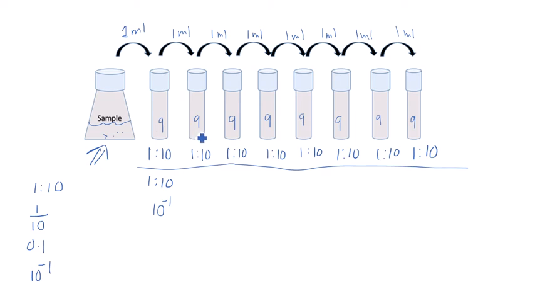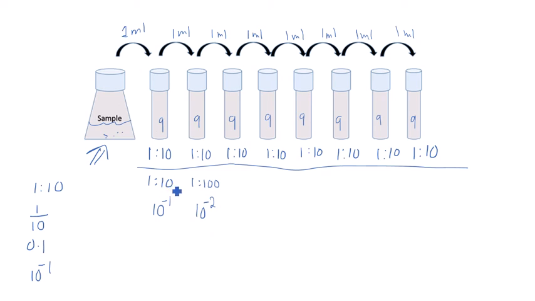Now talking about tube number 2, you're making a 1 to 10 dilution from a 1 to 10 dilution. So your dilution factors are going to multiply. So 1 times 1, that's 1, and 10 times 10, that's 100. So your total dilution factor now for tube number 2 is actually 1 in 100, which is 10 to the power minus 2.